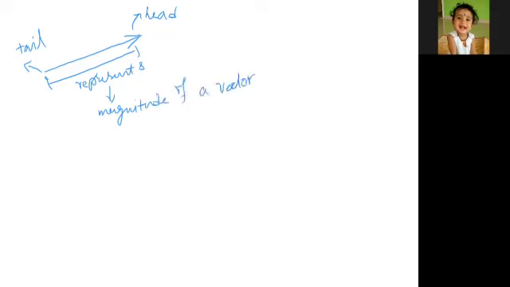Now, what does it mean? For example, let us say I have a displacement of 1 kilometer towards north. A person is moving for 1 kilometer towards north. Let us say it is represented by an arrow like this. Maybe this need not be 1 kilometer, but it should be proportional to 1 kilometer. Let us say it is represented by 1 centimeter, for example.